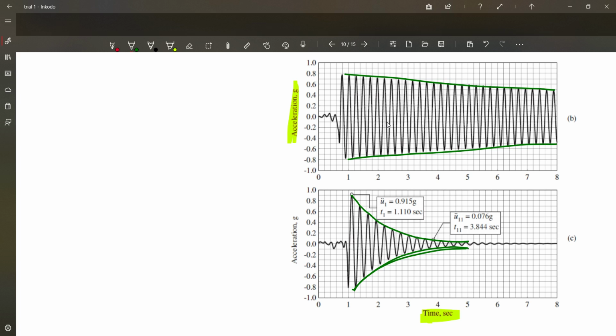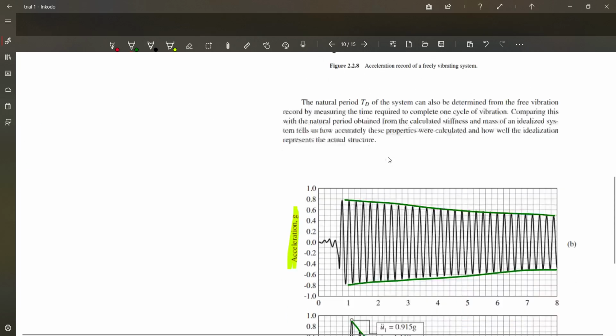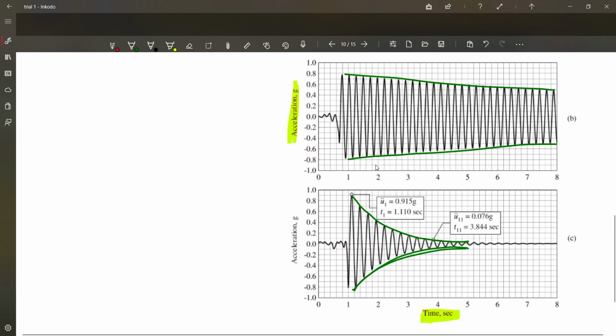As I said, the first one is aluminum and the second one is plexiglass, the free vibration record for the plexiglass. This gives us the difference between systems and materials, which affects the way the motion decays, as you can see here and here.